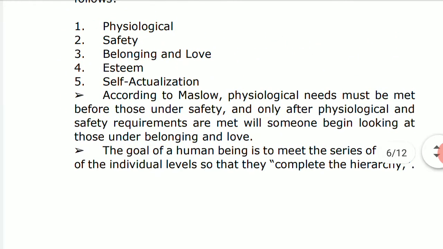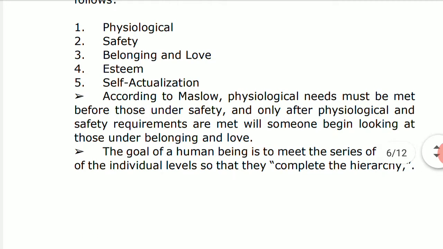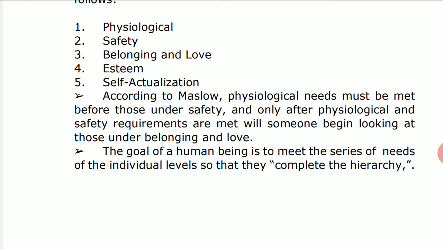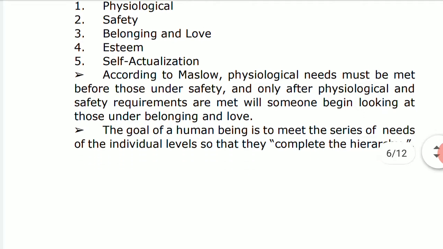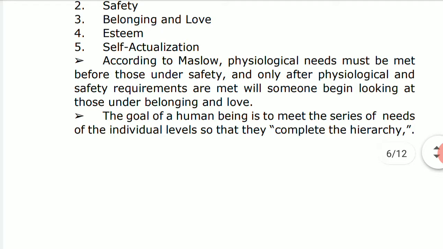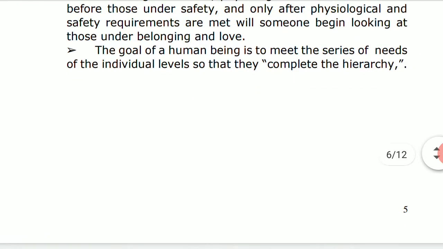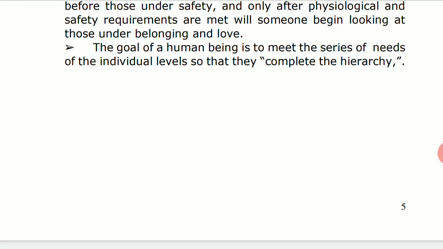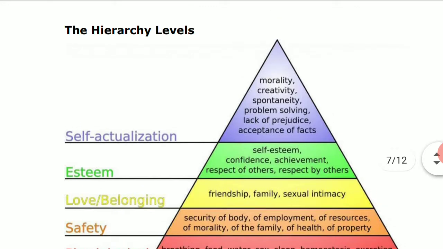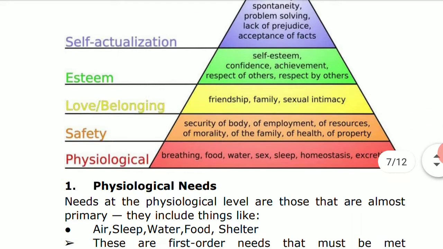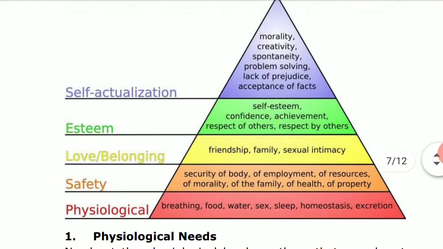That means he says the first 2 levels of need, physiological and safety needs: once the person is getting food, shelter and clothing, and once he is safe enough, then his belongingness and love needs will rise, right? So the goal of a human being is to meet the series of needs of the individual levels so that they can complete the hierarchy.